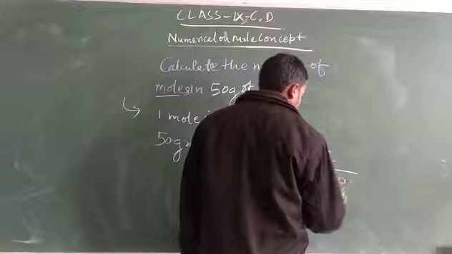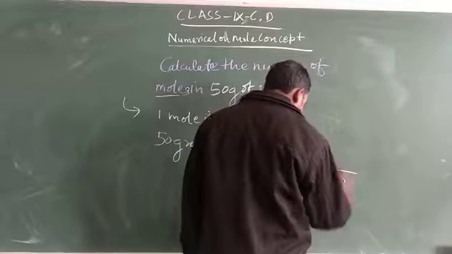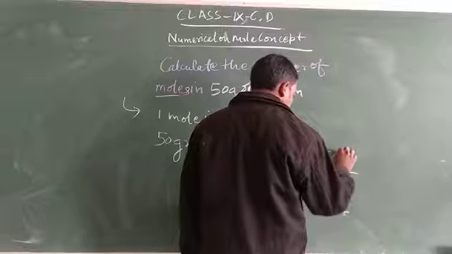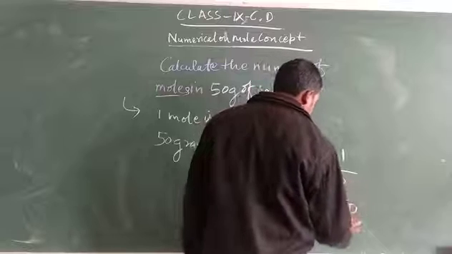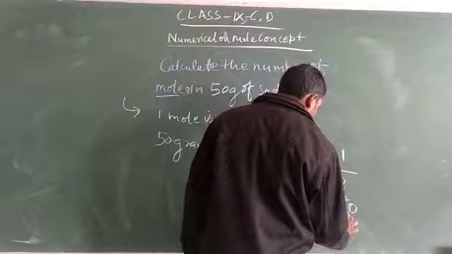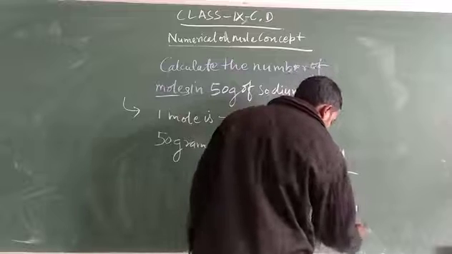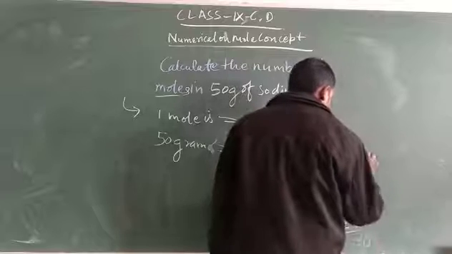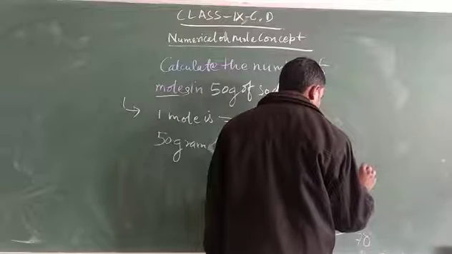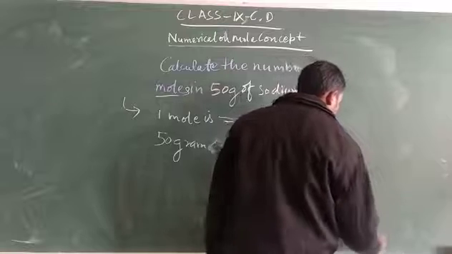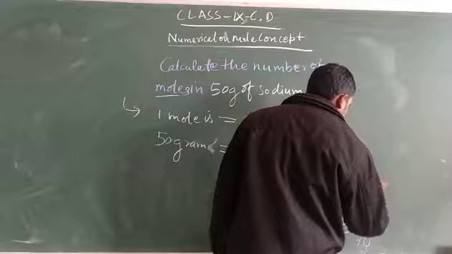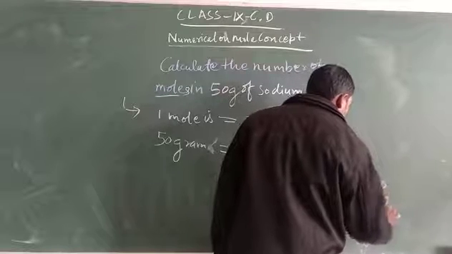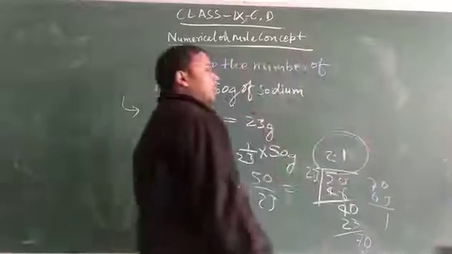23 twos are 46, 0.1, 23, 7, 0, and 7 carried here, 17, 15, 9, 9 written here, 3 sixes are 18. So answer will be 2.13.